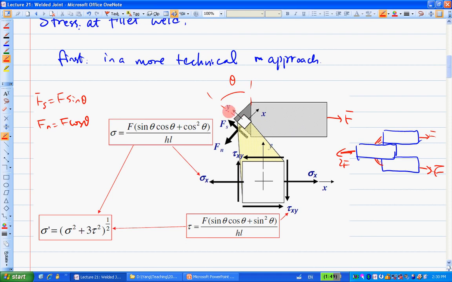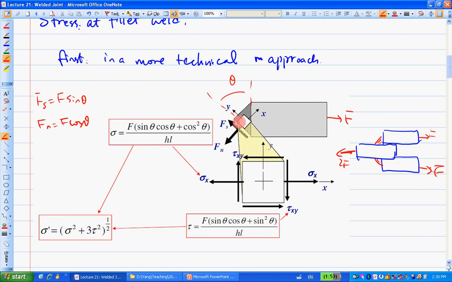So Fs will cause a shear stress, and Fn will cause a normal stress. So that's a stress element like this. You will see that sigma x is this portion right here, and that's sigma s.